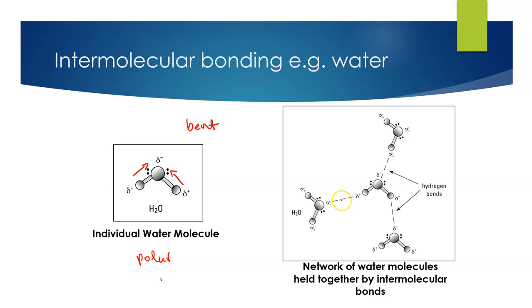When water molecules are together in a substance, these dipoles align to form these intermolecular forces, which in water are known as hydrogen bonds, and we'll talk about those a little bit more later about how strong they are. But these intermolecular forces are aligned by the partial negative and partial positive charges on individual water molecules.